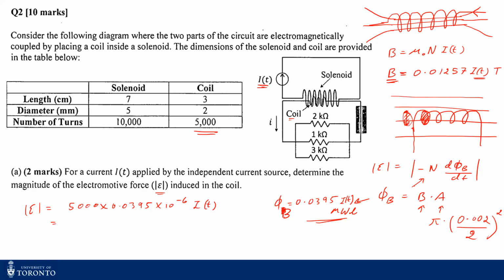So once you plug these values in, you'll get 0.197 millivolts. This will also be a function of time. So basically, this will be 0.197 I(t) millivolts. All right.